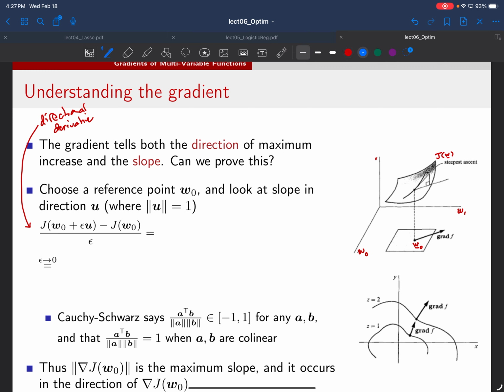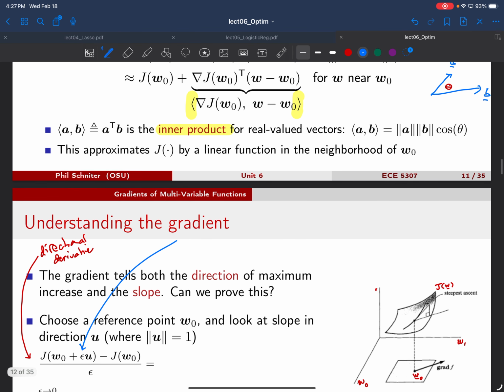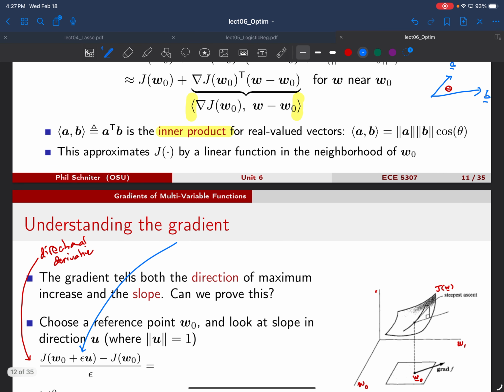So for this first term, let's use the Taylor series expansion on the previous page.